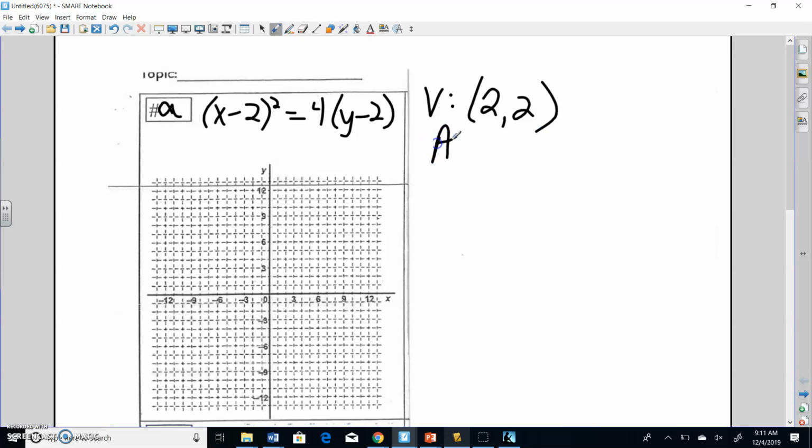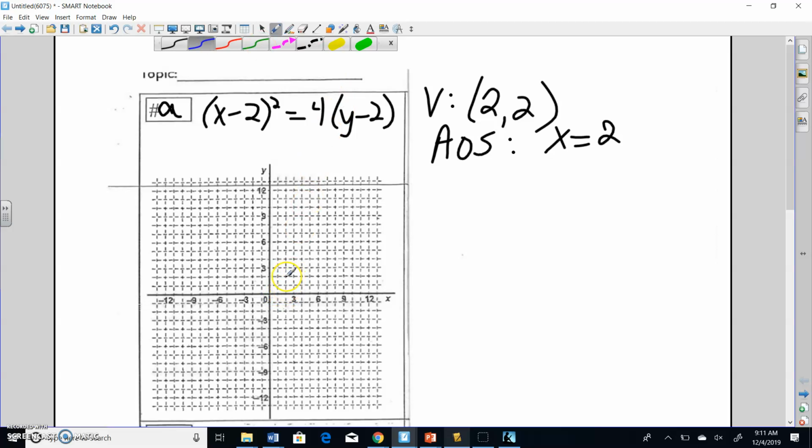Let's go ahead and identify our axis of symmetry, AOS. For a vertical, it is x equals h. So what is h? It's 2. So it's x equals whatever our x coordinate is in our vertex, so x equals 2. I'm going to plot the vertex at (2, 2), so go ahead and do that as well.